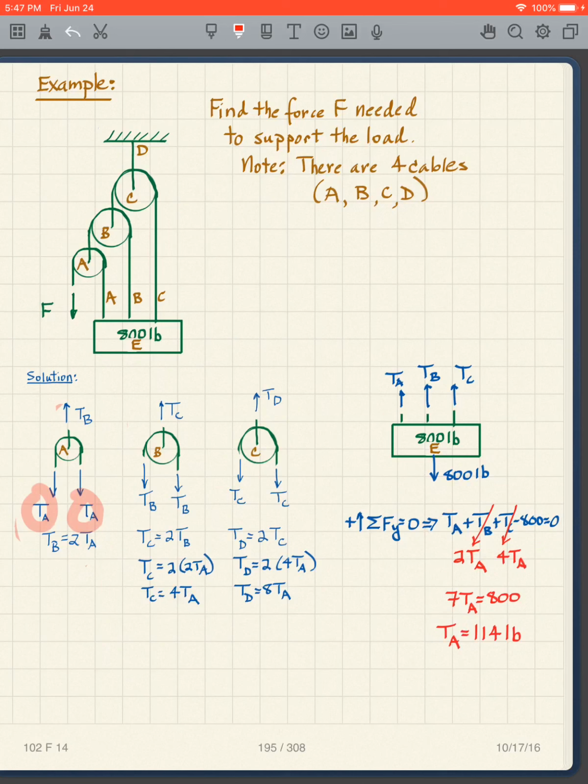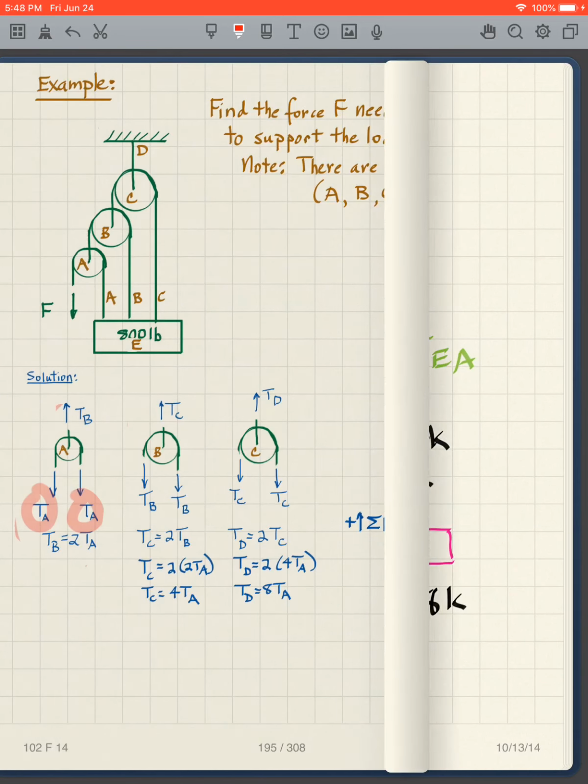I put in 2TA for TB, I put in 4TA for TC, and now the only variable in this expression is TA, and I get 7TA is equal to 800. TA is 114 pounds. And that gives me this F, and then I can figure out all the other tensions from that. Okay, we're going to pause there.